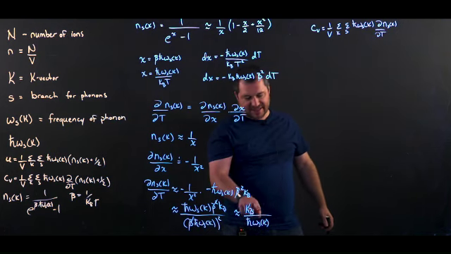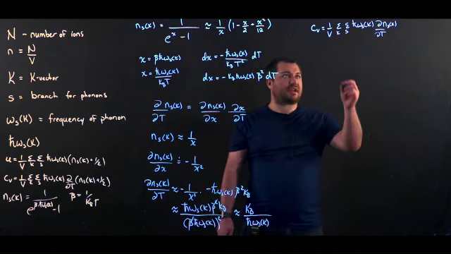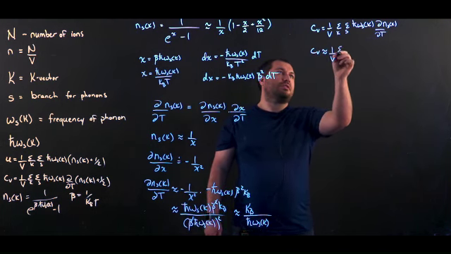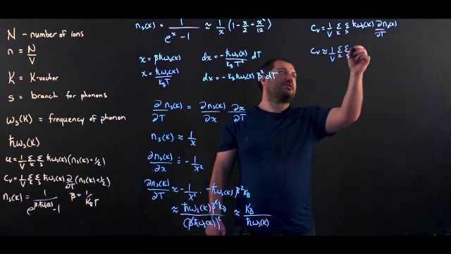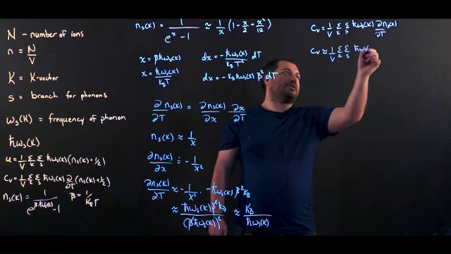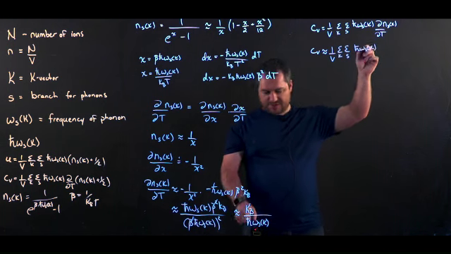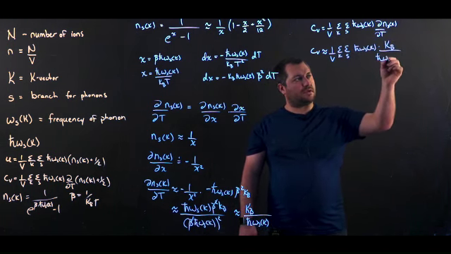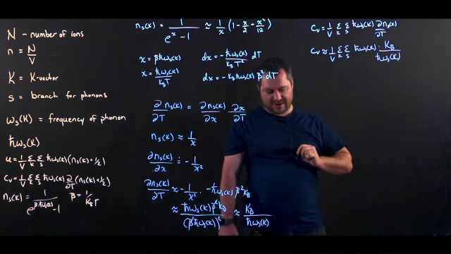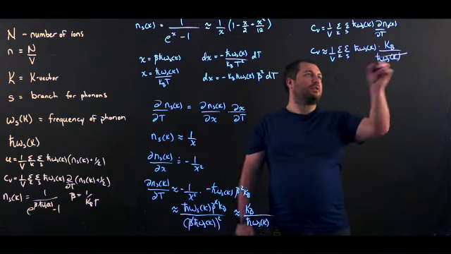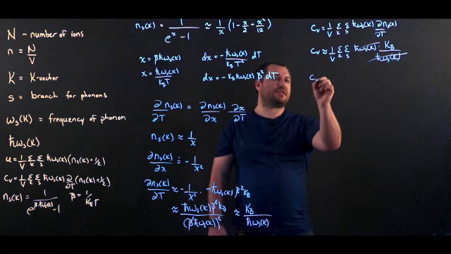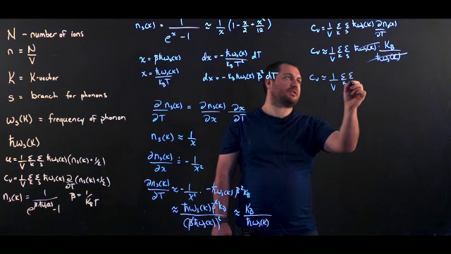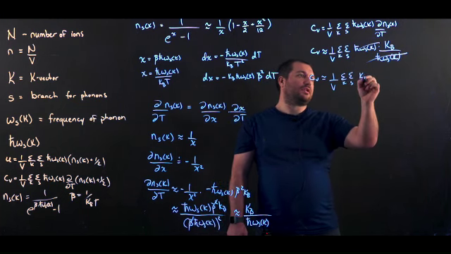That approximation says it's k_B over h bar omega_s of k. So C_v is approximately 1 over V, the sum of k, the sum of s, h bar omega_s of k times k_B all over h bar omega_s of k. Well, isn't this convenient? I can cross these out, and I'm now down to C_v approximately equal to 1 over V, the sum of k, the sum of s of k_B.